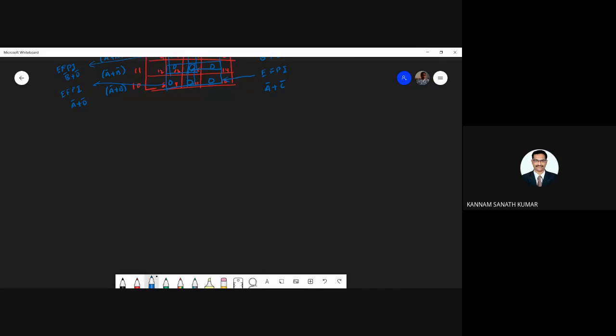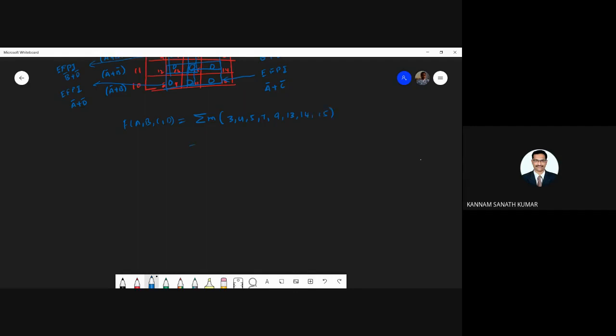Okay, so if you observe here, one more example: f of a b c d equal to summation of m of 3, 4, 5, 7, 9, 13, 14, 15.